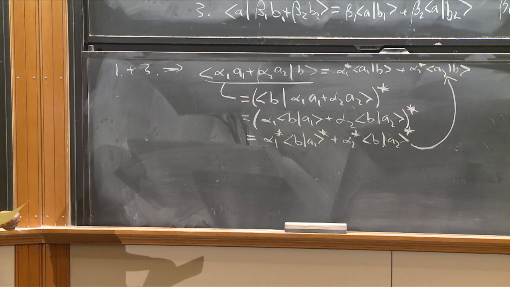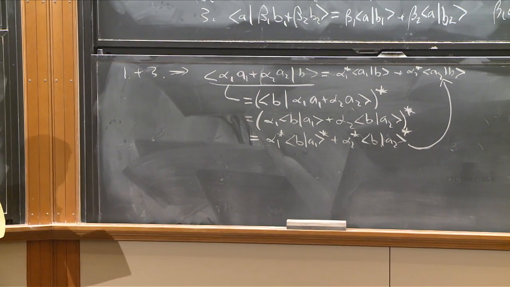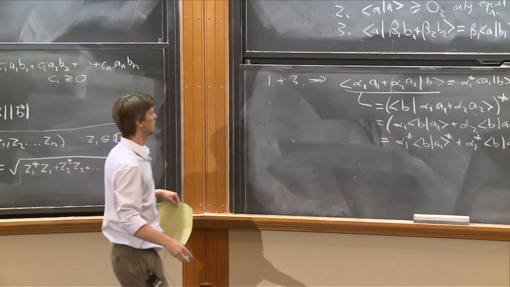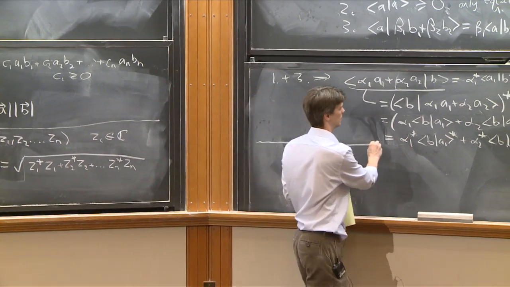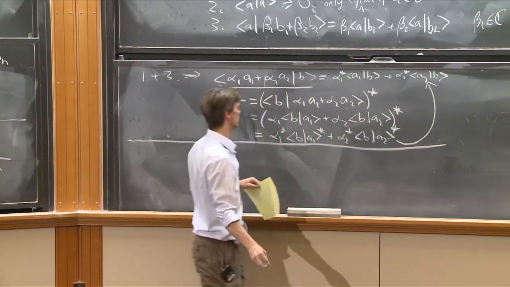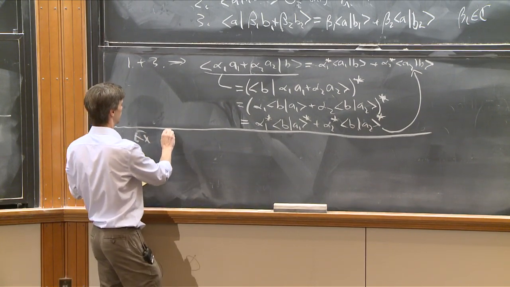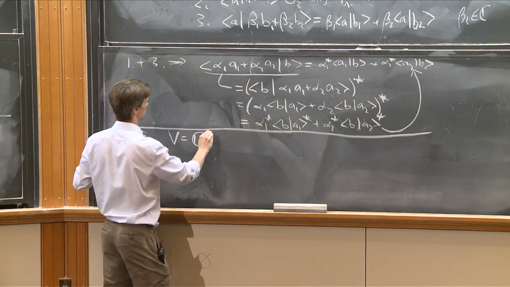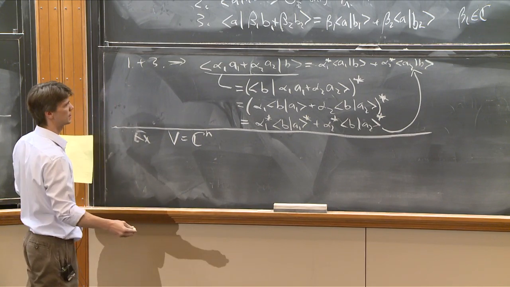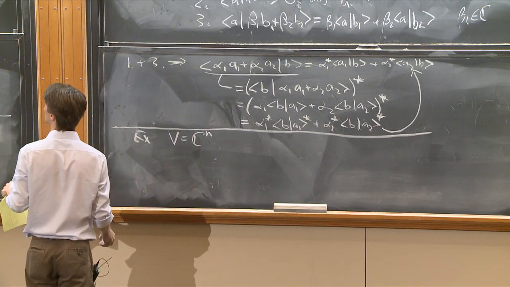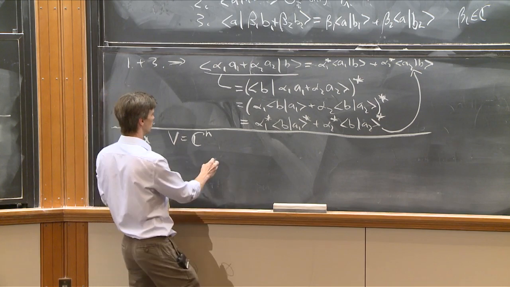Okay, so let's look at a couple of examples. The first one is a finite dimensional example. We're going to take V is equal to Cn. And our definition is going to be a pretty natural generalization of what we've written down before.